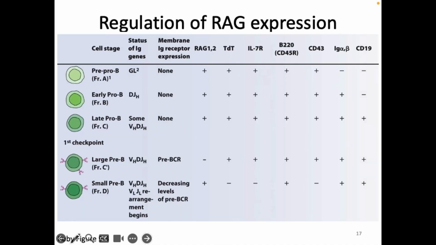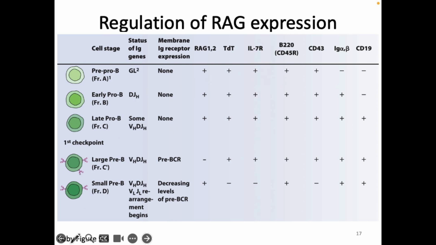So after we've had this early stage in our pre-B cell where RAG was off, and we've been able to allelically exclude, survive, proliferate, all that good stuff, we kind of got told we were good at being a pre-B cell. Now we can turn RAG back on.